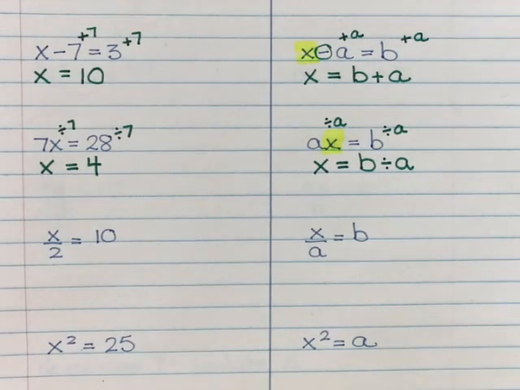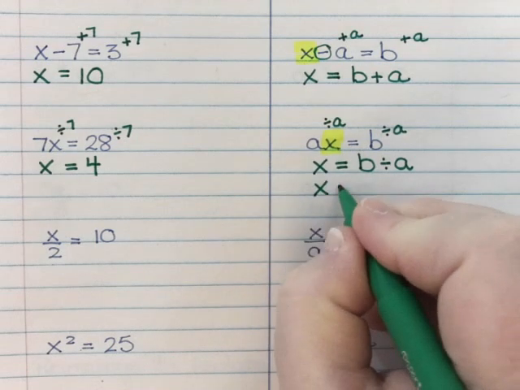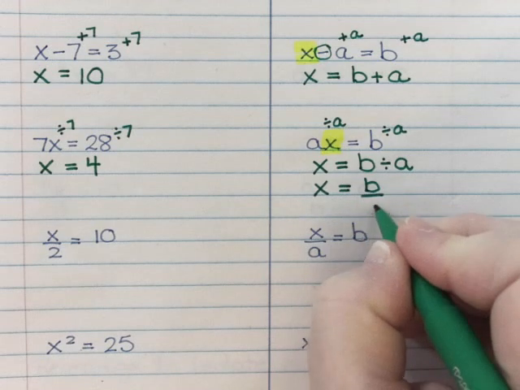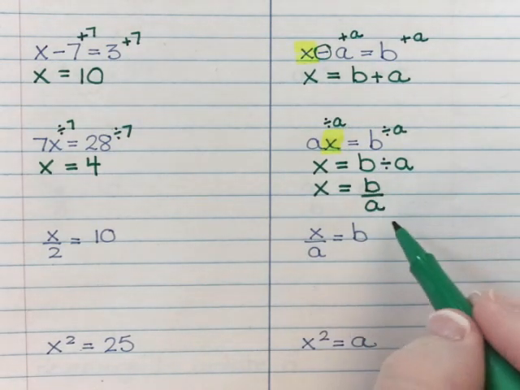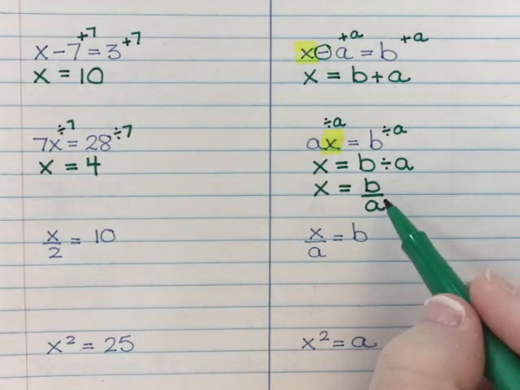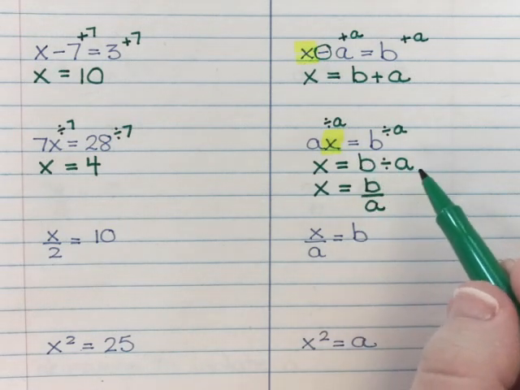And I'm going to be honest, that's not how I usually write my answer. I prefer to write it as a fraction and do b divided by a, where it's the vertical division, so it's b over a. So x equals b divided by a. But either one of these is correct. You'll just notice that I tend to write it as a fraction instead of writing it with the division sign like that.